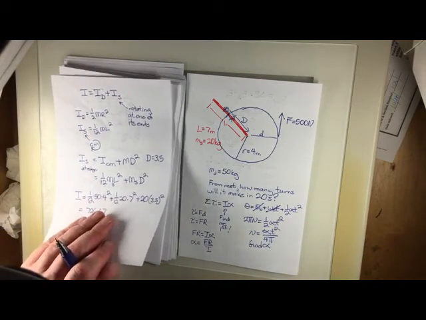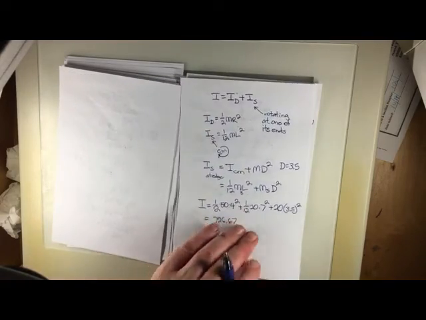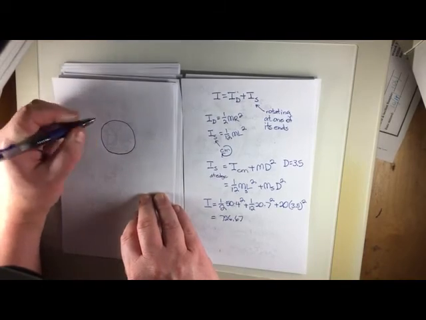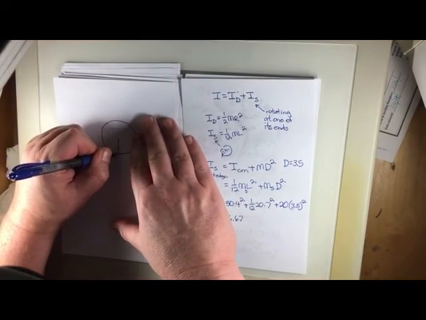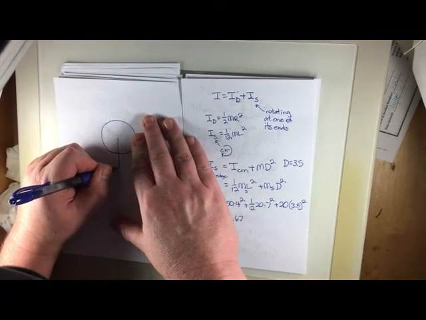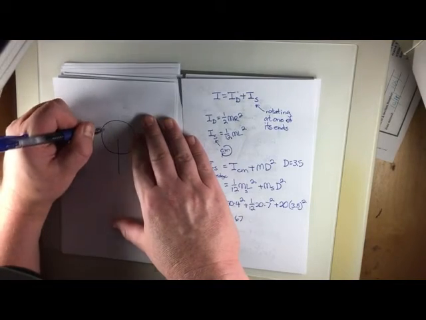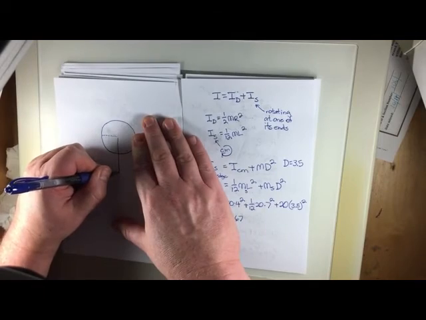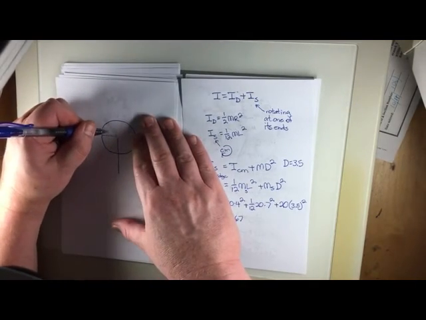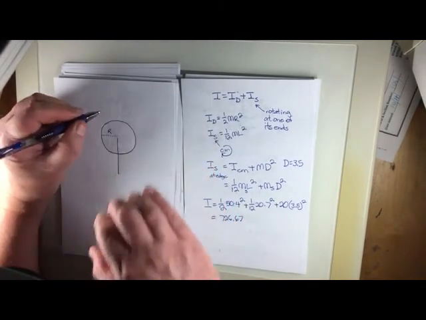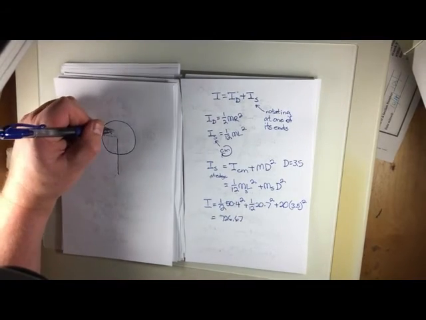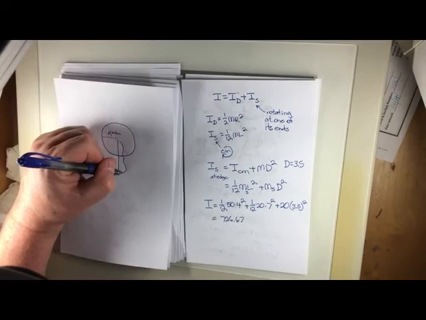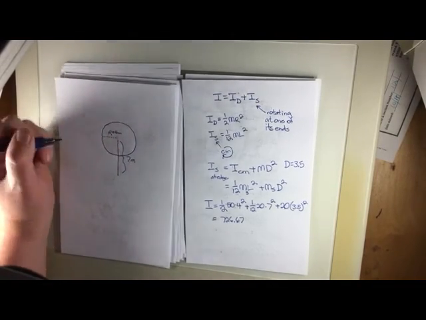Let me redraw this thing, and I'll try to draw it to scale. Well, I tried. That radius is 4. This length is 7.